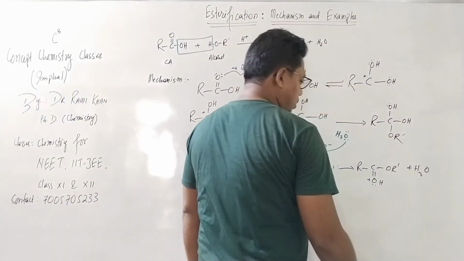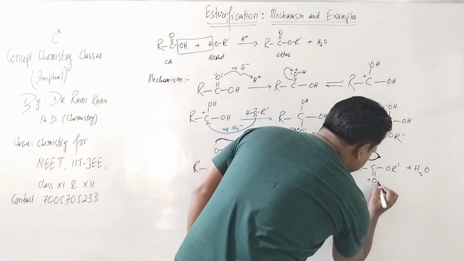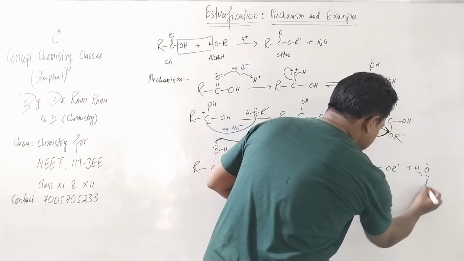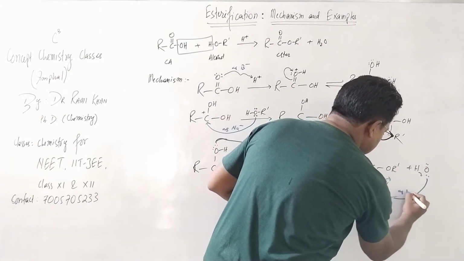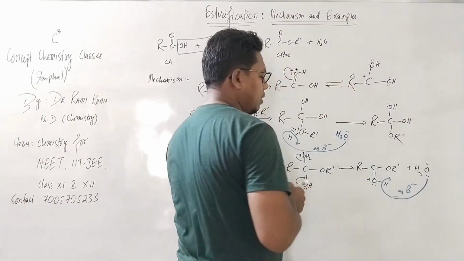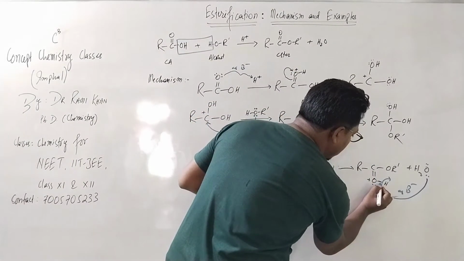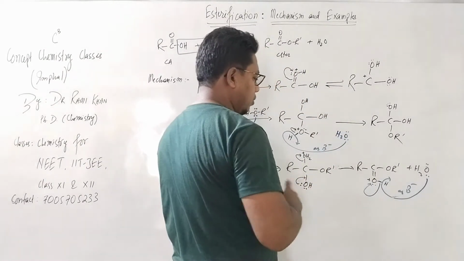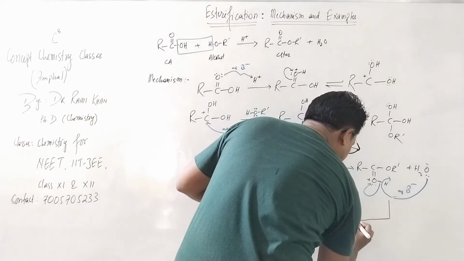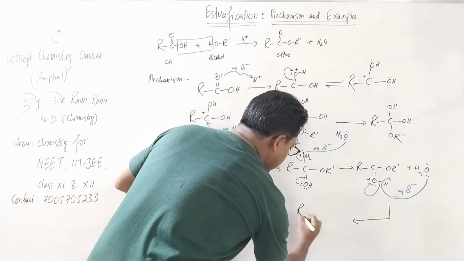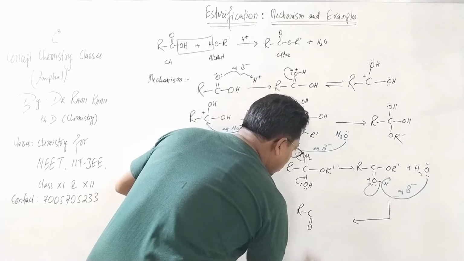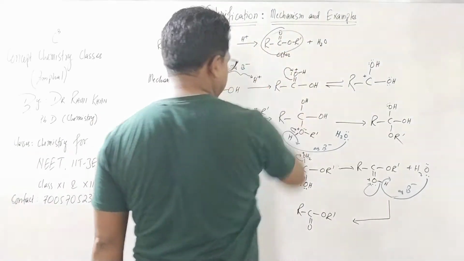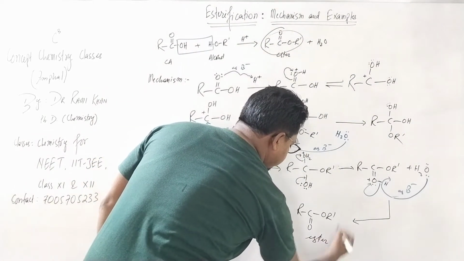Now this oxygen of water will abstract this hydrogen as a base, and these two electrons will go back to this oxygen atom as a lone pair of electrons. So we will get our final product, R C double bond O and OR dash. This is our ester, right?